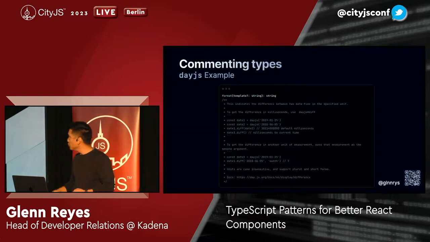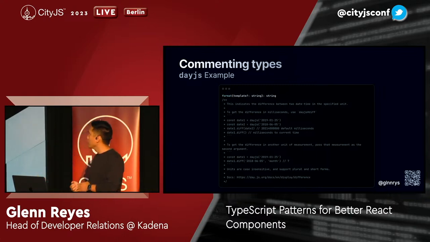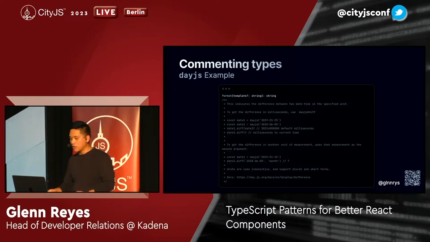So if you are more thorough about commenting, putting more context into your APIs, that is super helpful for the ones using it. There are also situations where you want to deprecate props or options. Super helpful to have that.